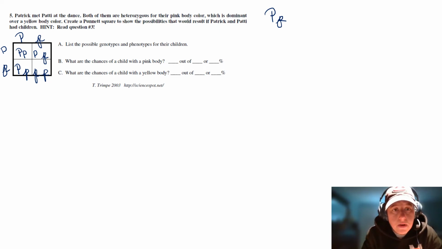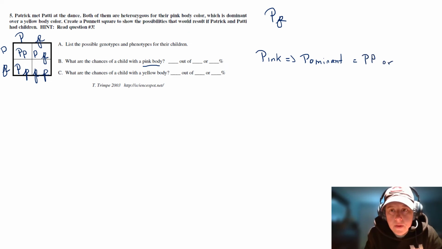So to have a pink body, because pink is the dominant trait, it can only be due to having a capital P, so one capital P, or a capital P, little p. And we can see that we actually have 3 boxes that have a capital P. So we have this box right here that has 2 capital P's.